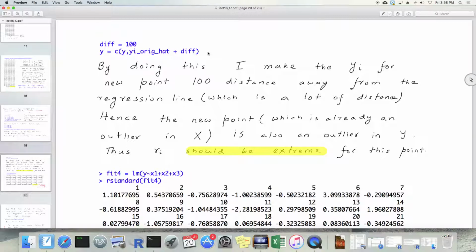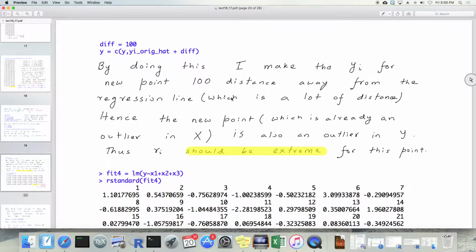But what I mean to say is yi for the new point is what y hat should be plus 100. And this value 100 is big. That means it's very much away from the black line. If you think the black line is the original, then yi for the new point should be an outlier according to that.